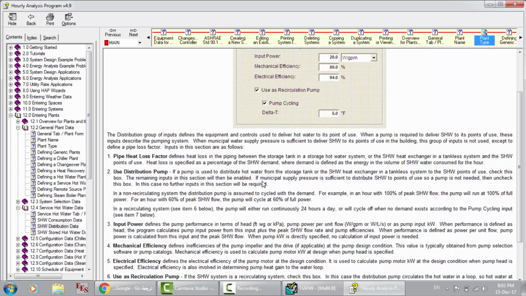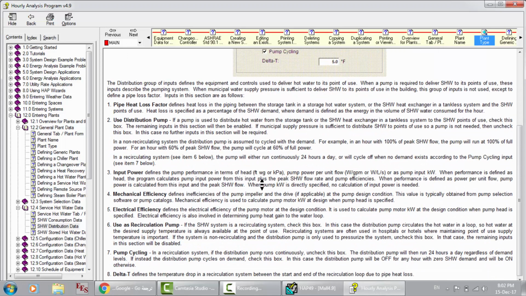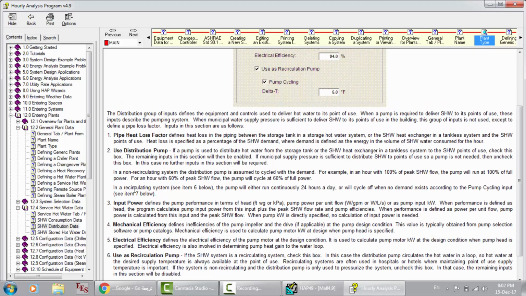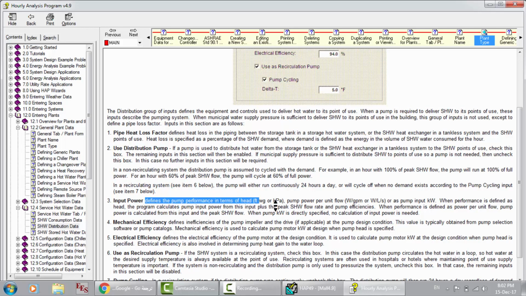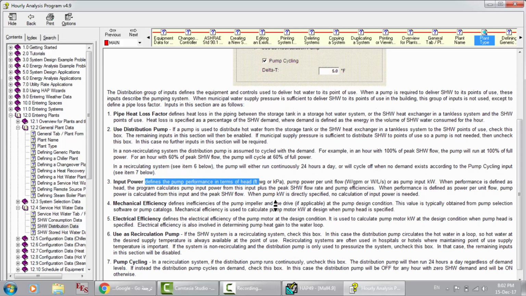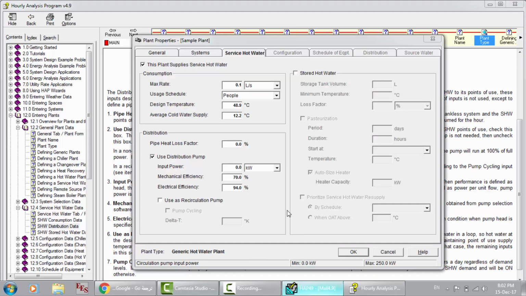The pump is used to distribute hot water from the storage tank or the SHW heat exchanger to a tankless system to the SHW points of use. So the input power defines the pump performance in terms of head, feet WG or kilopascal, pump power per unit flow, or the pump input kilowatt.